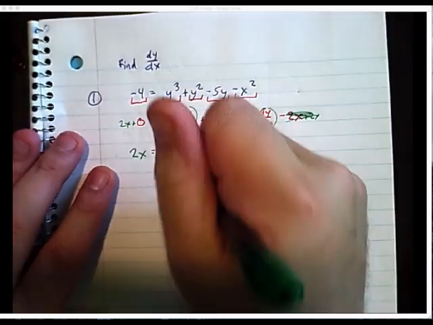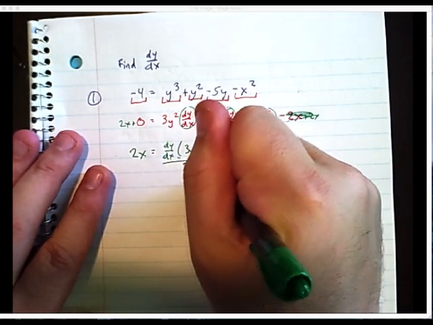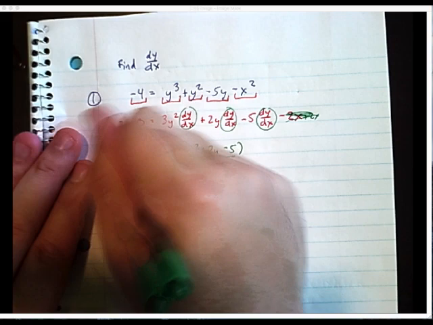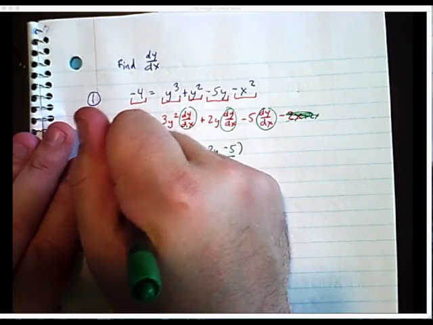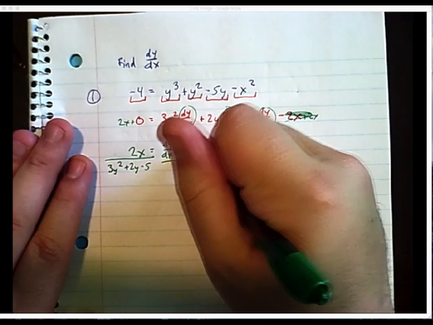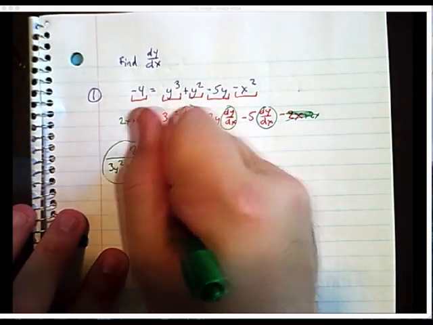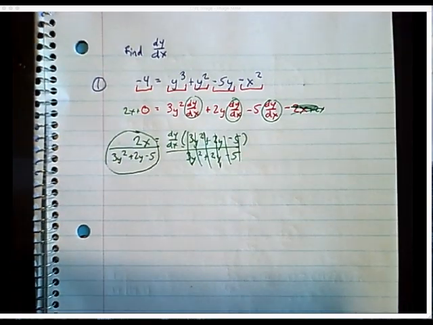Then to get dy over dx by itself, I would divide both sides by that parenthesis, 3y squared plus 2y minus 5. And this right here is the derivative function, or not function, derivative relation. So you could stop there.